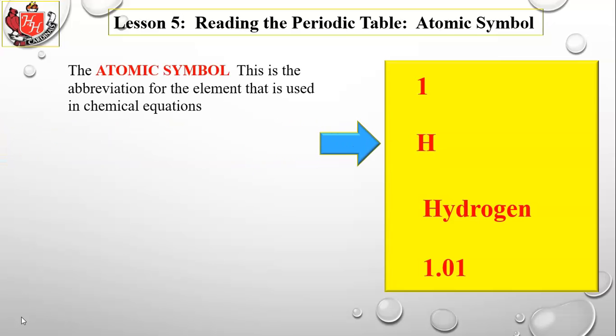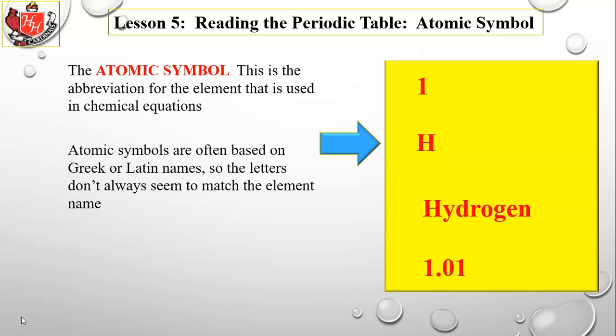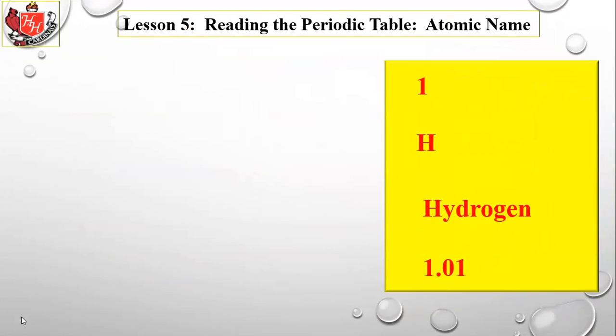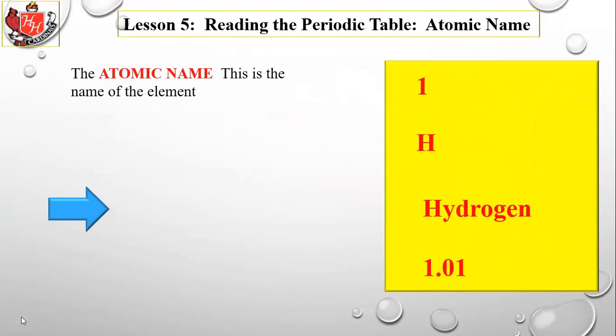The atomic symbol. This is the abbreviation for the element that is used in chemical equations. Atomic symbols are often based on Greek or Latin names, so the letters don't always seem to match the element name. The atomic name.